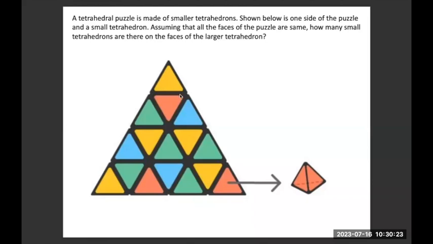What you have to find is how many, and this one part looks something like this, which is in 3D. So this is made up of a smaller tetrahedron, which is attached here, and there are a number of small tetrahedrons. All of these are tetrahedrons. You have to find how many tetrahedrons are there on the face of it. You don't have to assume that there are any tetrahedrons embedded inside, but just on the face.